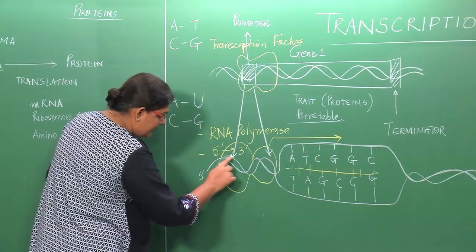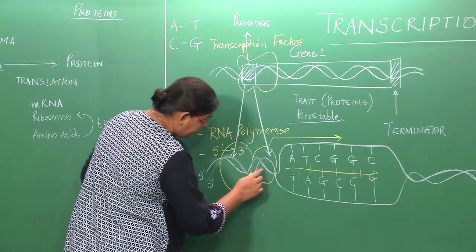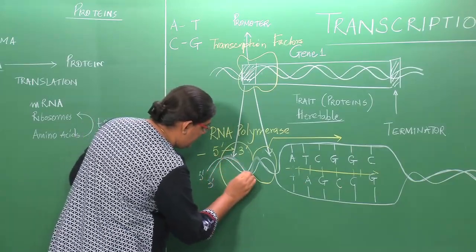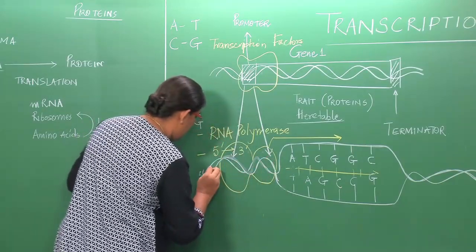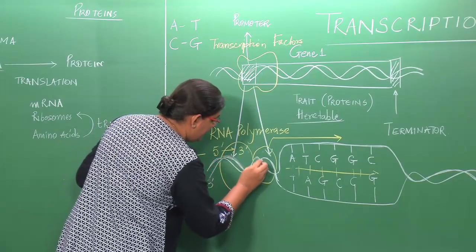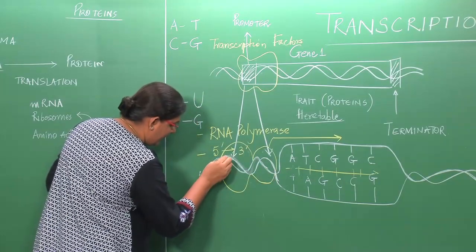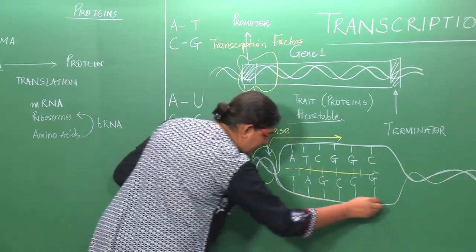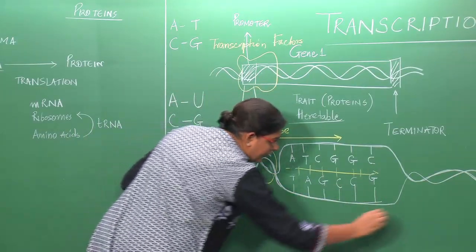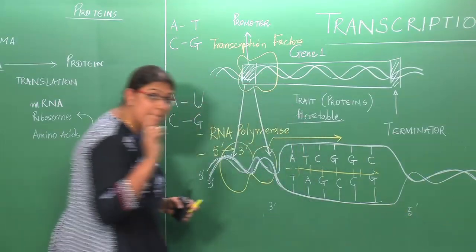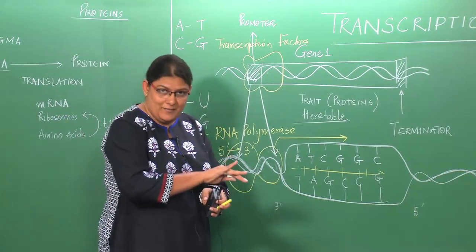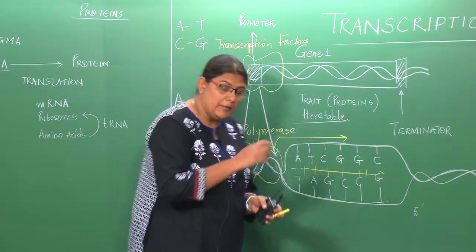Because this strand, which is going from here to here and is then opening, is running 3 prime to 5 prime. But the strand has to be anti-parallel, and it has to be complementary.